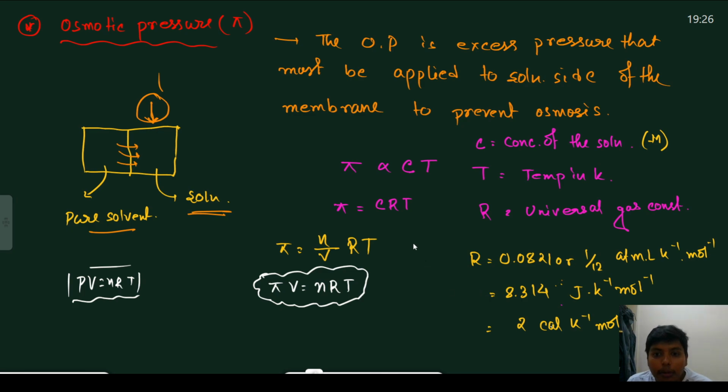Okay. So remember V, volume, you always have to take in liter. So you can see that pi depends on n, the number of moles of the solute. So more solute, more pressure you have to give. Yes or no?